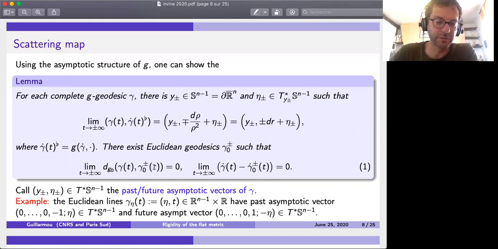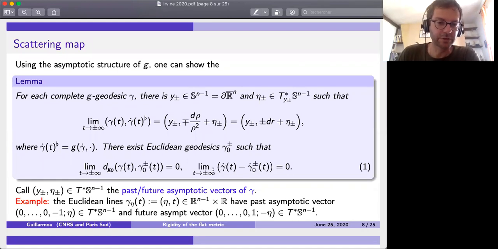So it's approaching just a Euclidean line in the future. And same in the past, there is another one, gamma 0 minus of t, whose distance to my geodesic gamma of t converges to 0 when t goes to minus infinity. And at the same time, if I look at the direction gamma dot of t, it's also converging to gamma 0 dot plus or minus, which is just a constant in this case.